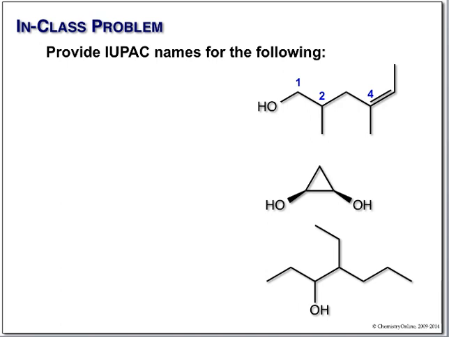That's going to be cis or Z. So our name is going to be, let's see, that's 1, 2, 3, 4, 5, 6. So it's a hexene, 1-ol with a 2,4-dimethyl. Z-2,4-dimethyl-4-hexen-1-ol.